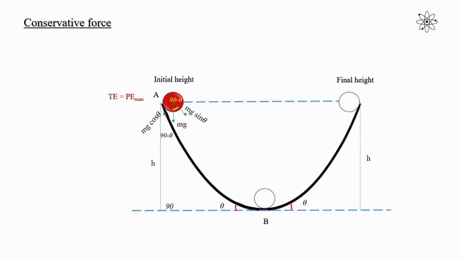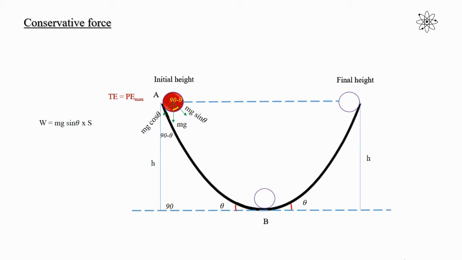Now let's find the work done by the ball to move from position A to position B. We know, student, work done is equal to force into displacement. Here W, which is the work done by the ball to move from position A to B, is equal to mg sin theta into S, where S is the displacement. Note down here, student, I just consider the component mg sin theta to find the work.